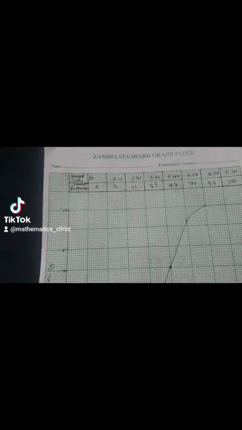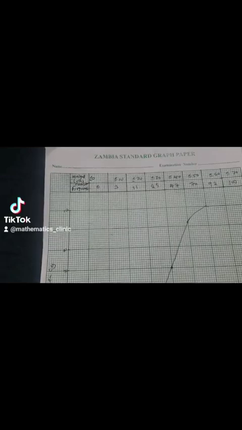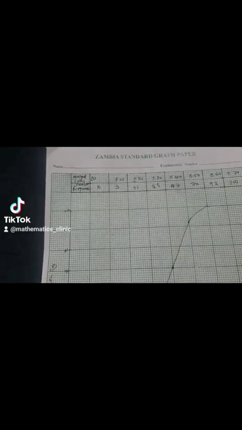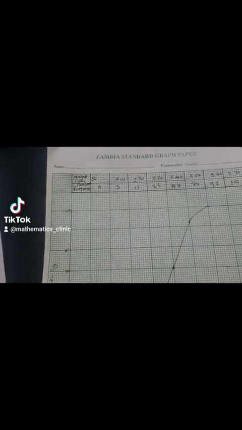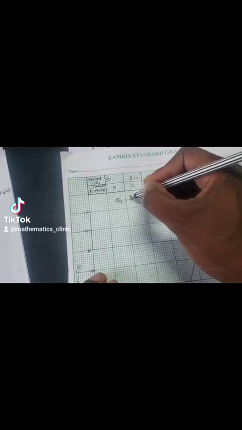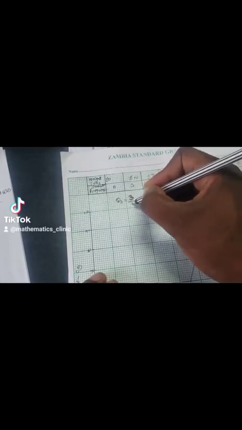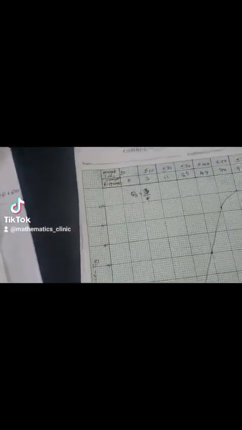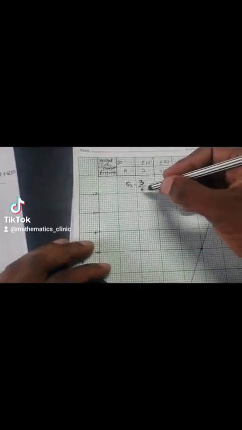So how do we get to find the upper quartile? Our data set is divided into 4 equal parts. When you're finding the upper quartile, which is denoted by Q3, it is 3 out of 4 parts.